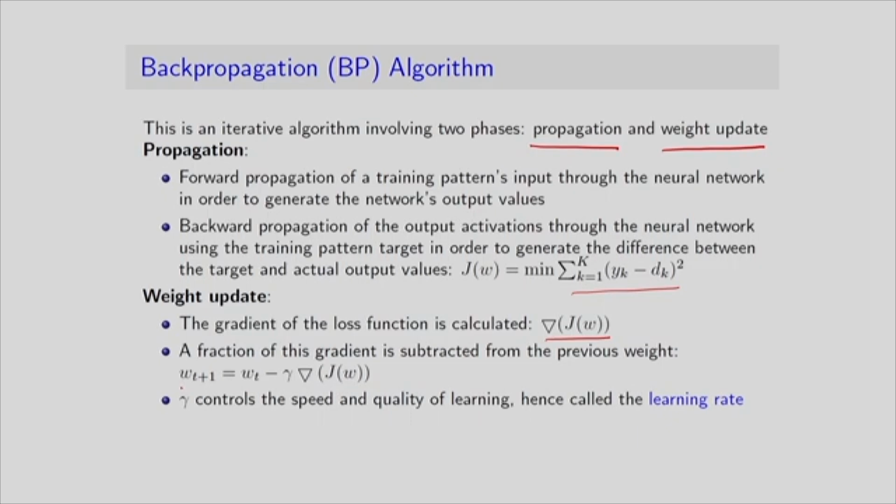And finally we are considering the weight updation rule. That is nothing but w(t+1) is equal to w(t) minus gamma times the gradient of the loss function. So we are updating the weights, and this gamma controls the speed and the quality of the learning, that means it controls the learning rate. The gamma is the user defined parameter, and it controls the speed and quality of the learning.